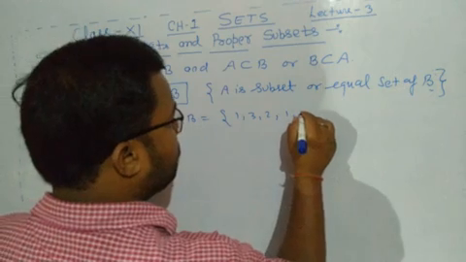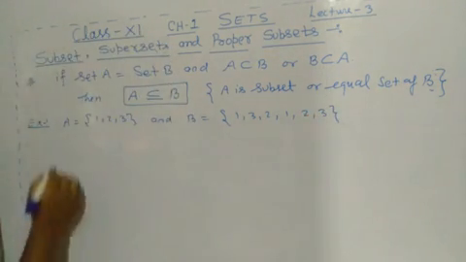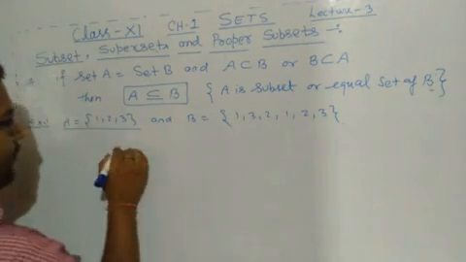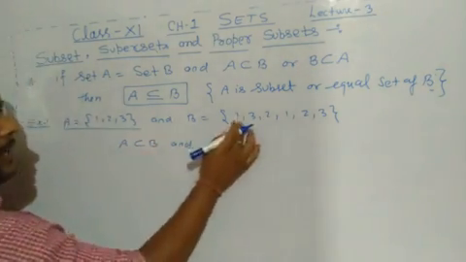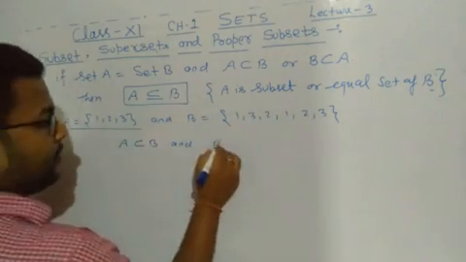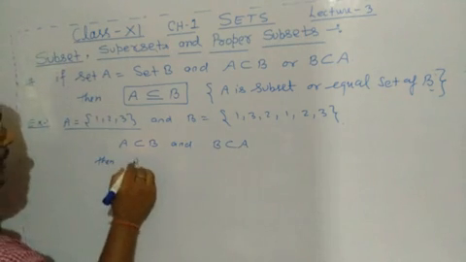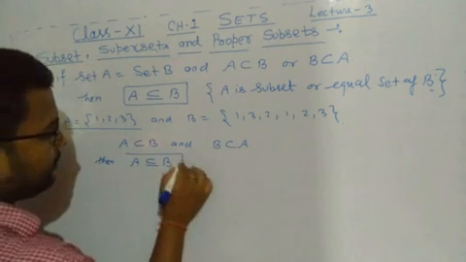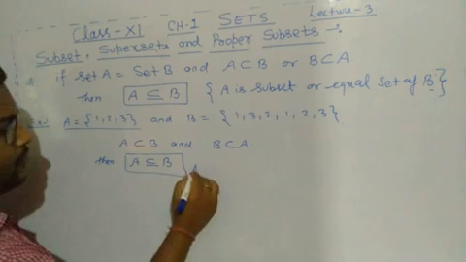Each and every element of A belongs to B, so A is subset of B, and each and every element of B belongs to A, then A is equal subset of B. Write down.